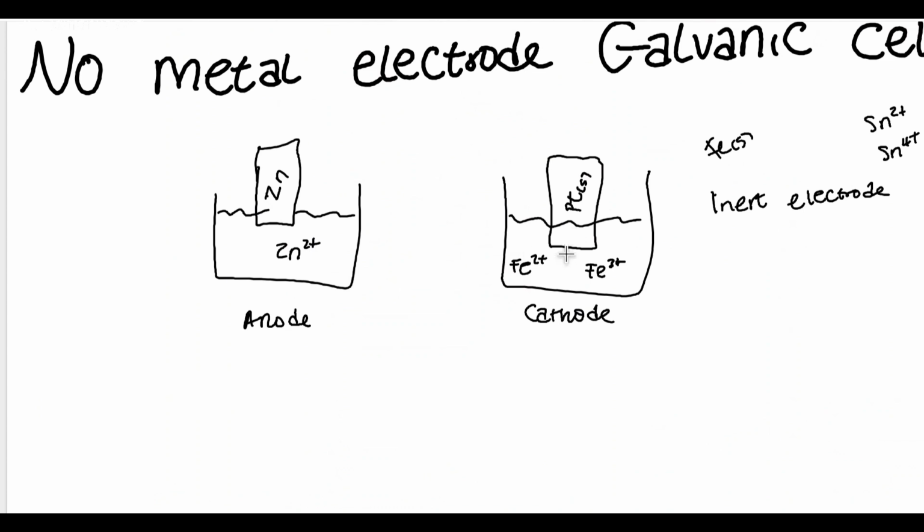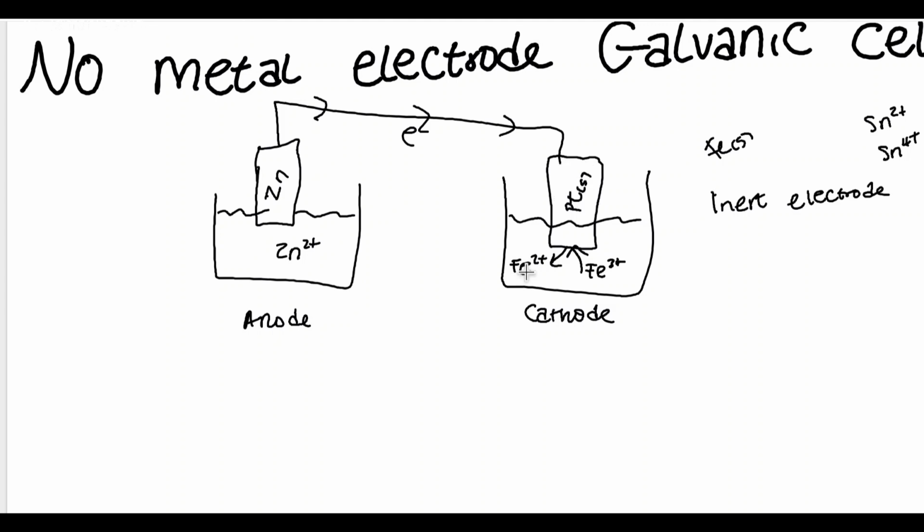In here, at this cathode, the electron comes in, and it goes into this Fe3+ first, and then this Fe3+ bounces up, hits the platinum, and then it becomes this as it gains the electron. So the electron goes to the platinum. The electron is in this thing right here, the platinum electrode. And then as the electron comes in, the Fe3+ bounces on the electrode, and then it creates this one.